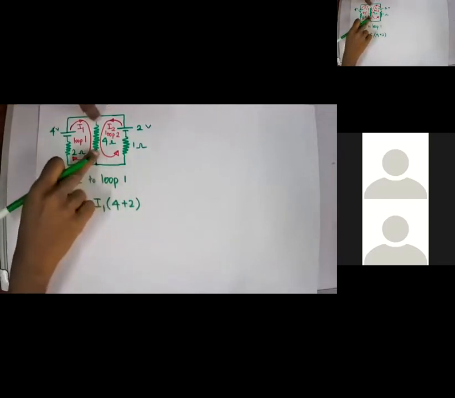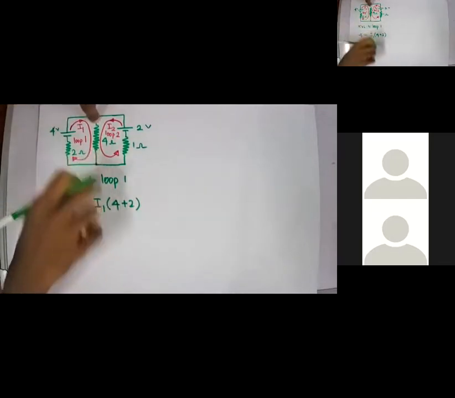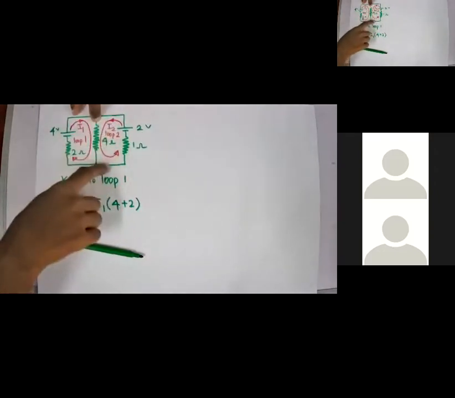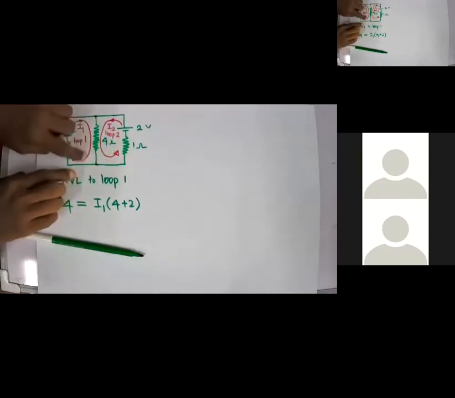And see here, in your 4 ohm resistance, you have I1 in this direction. Of course, you have I2 in the same direction as well, right? So the current through the 4 ohm resistance will be I1 plus I2.